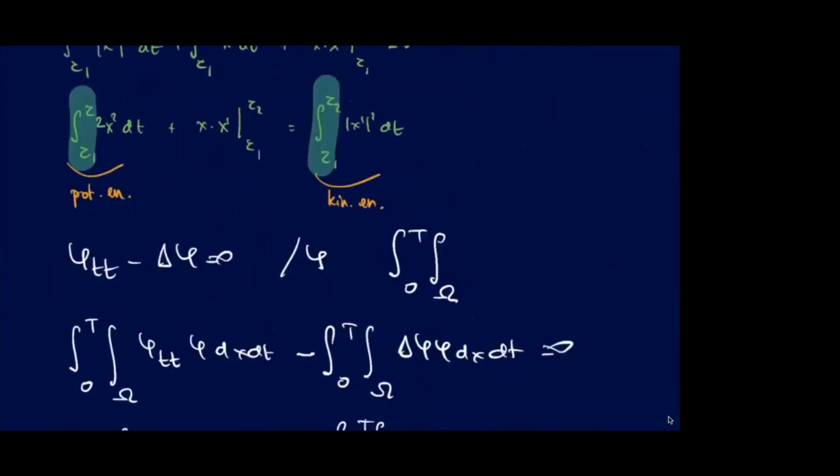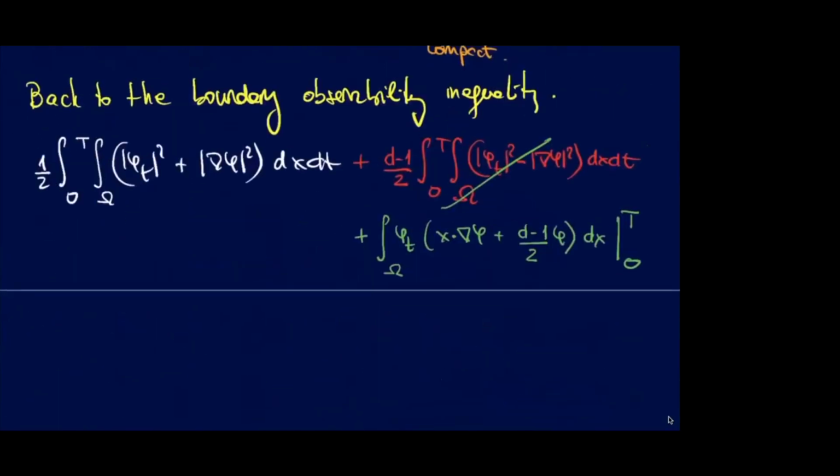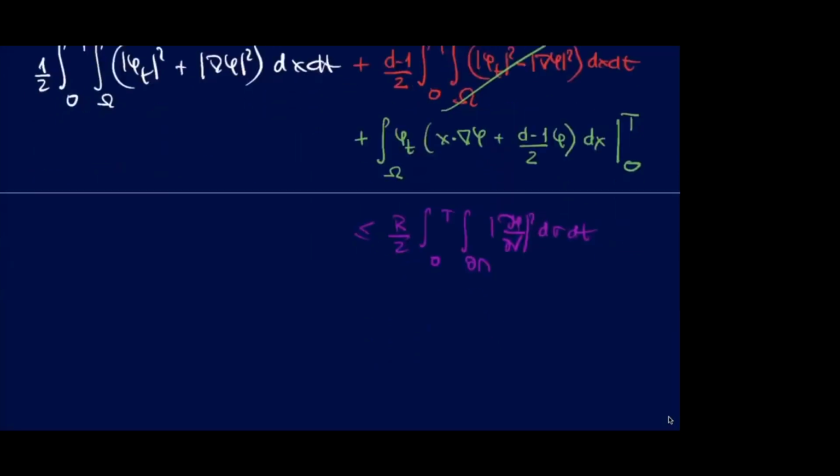And therefore, the identity reads simply this quantity plus this remainder less than the right-hand side, which we know is less than capital R over 2, where capital R is simply the size, the radius, of the largest ball containing omega. Good.